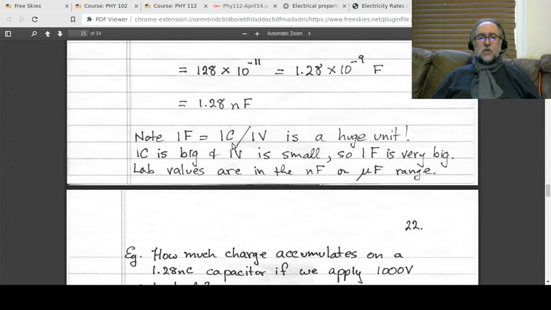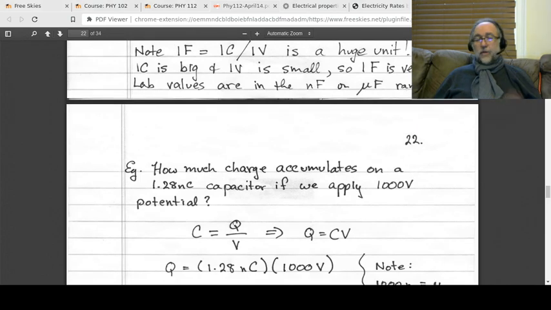So you've got a very, very big unit divided by a very, very small unit, and big divided by small gives you something which is very big. So a farad is very big. Again, typical nanofarads or microfarads. A millifarad is already huge. I don't think I've ever seen a millifarad capacitor in my life, or at least not in the electronics I've done, but there it is.